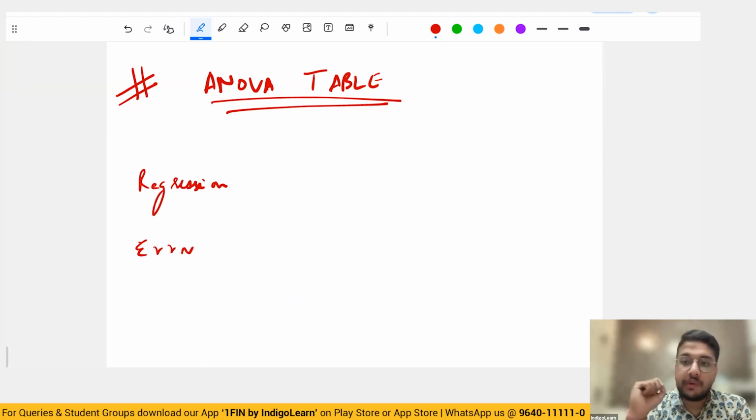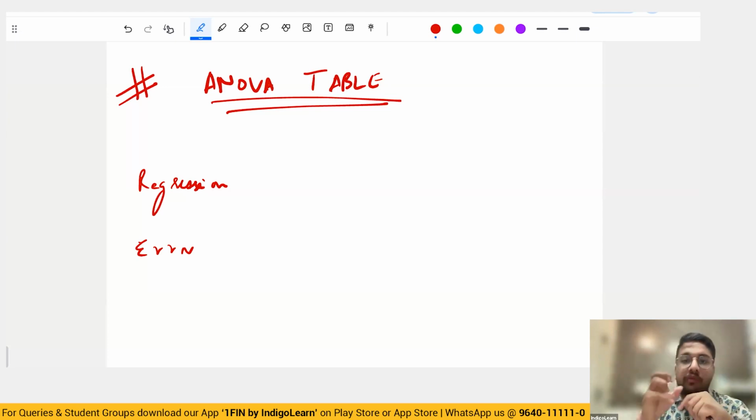The purpose of the ANOVA table was to understand the component of explained variation and the component of unexplained variation.